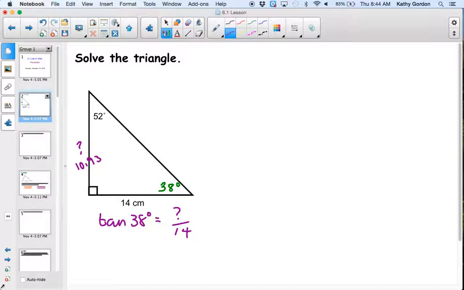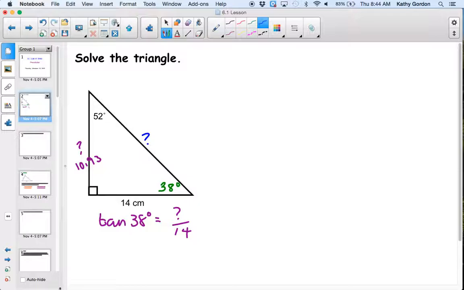Okay. And then last but not least, if we want the hypotenuse, how are we going to find the hypotenuse? It's one possibility. There's lots of different ones. What's one possibility? We could take Pythagorean. Now that we know 14 and 10.93, we could get it that way. What's another possibility?